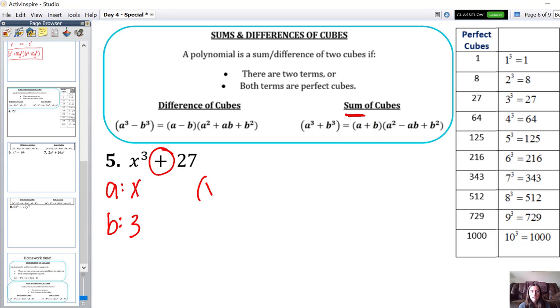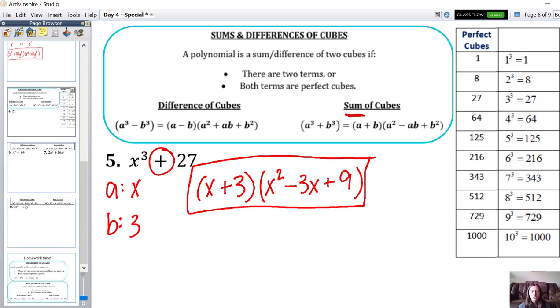I know my a is x and my b is 3. Then my second term, I'm going to square a, so I have x squared, minus, multiply them together, which is just 3x, plus 3 squared, which is 9. Now this is as factored as it gets. We're not going to do anything with this trinomial. We're just going to leave it as these two terms.